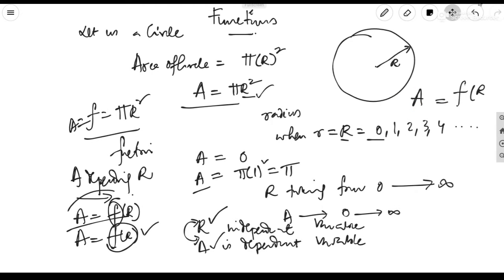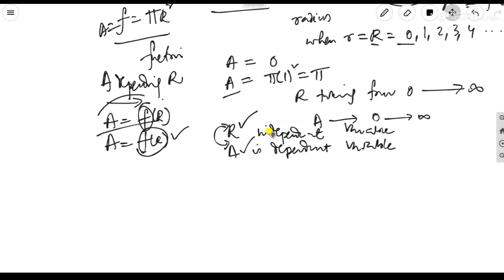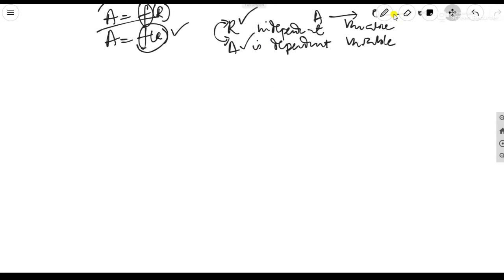Similarly, when you want to generalize this, suppose we take y as one variable and x as the other variable.